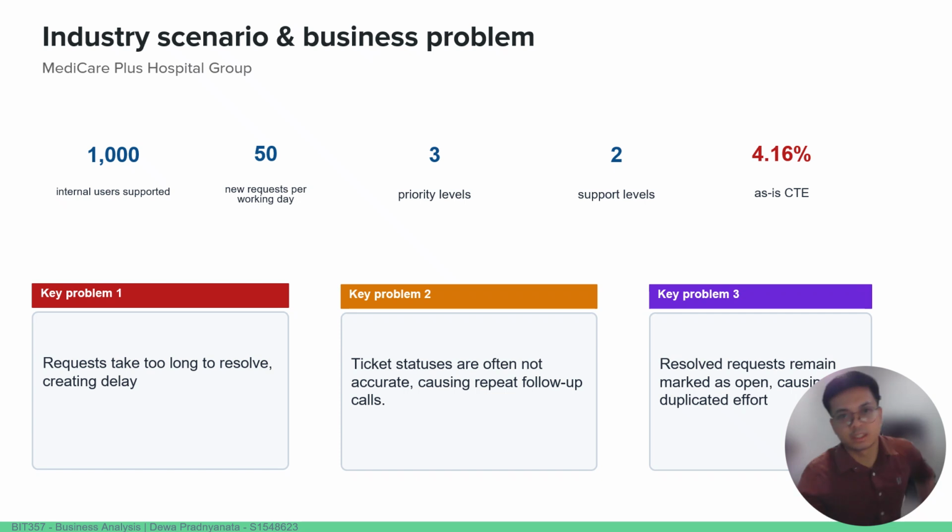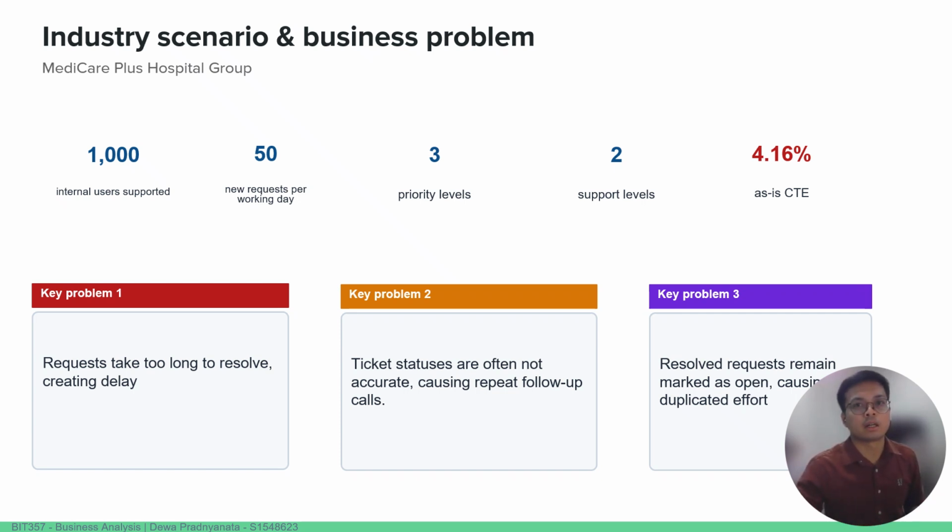The chosen industry scenario is a fictional healthcare organization called Medicare Plus Hospital Group. It supports around 1,000 internal users, including doctors, nurses, reception staff, finance staff, HR staff, and managers. The help desk receives about 50 new requests per working day. These include IT incidents, access requests, and business process inquiries.